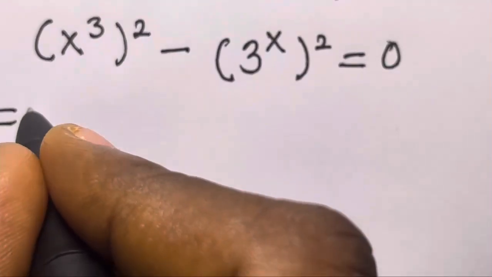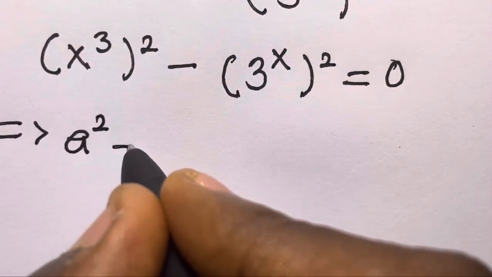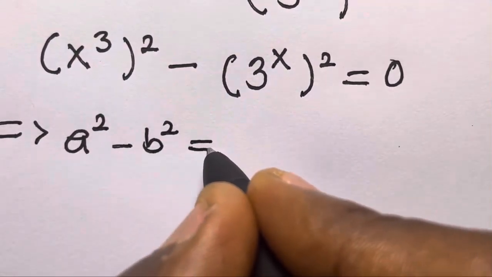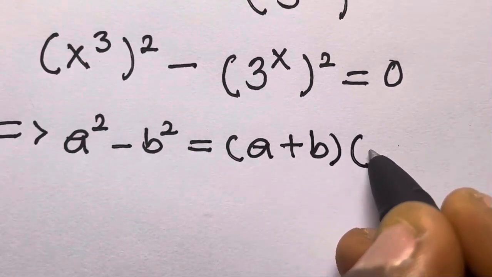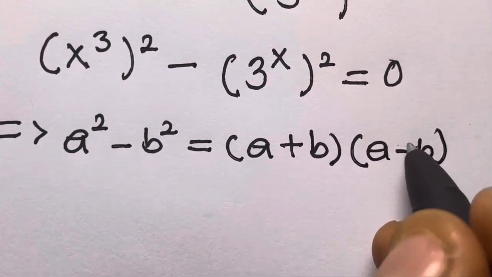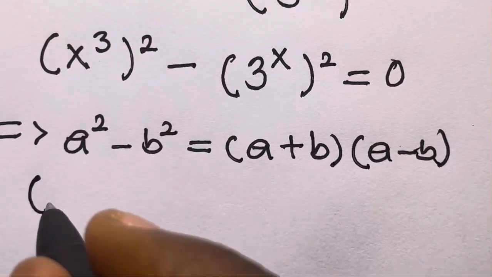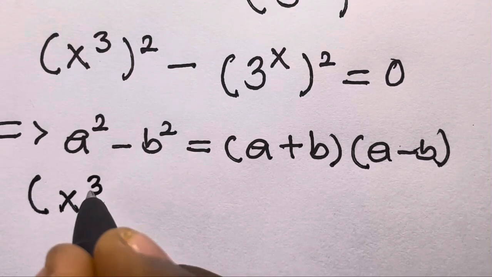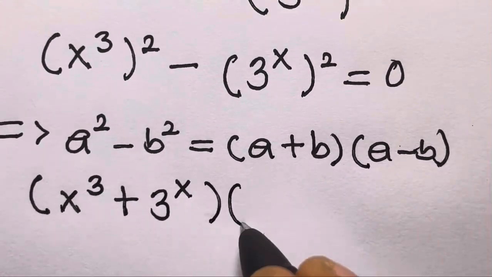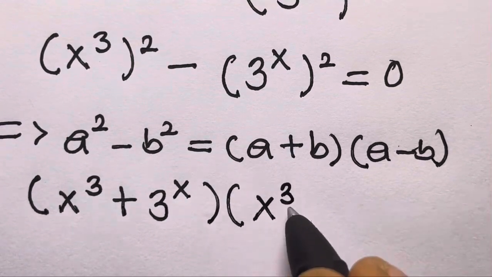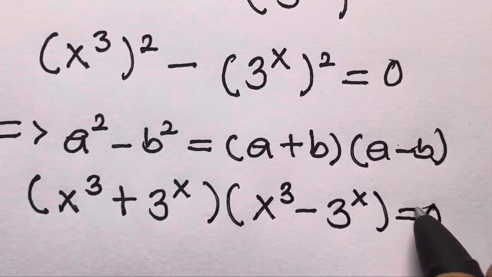Here, let's recall the difference of two squares, that says if you have a squared minus b squared, it equals a plus b multiplied by a minus b. Applying this, we will have x raised to power 3 plus 3 raised to power x, multiplied by x raised to power 3 minus 3 raised to power x, equals 0.